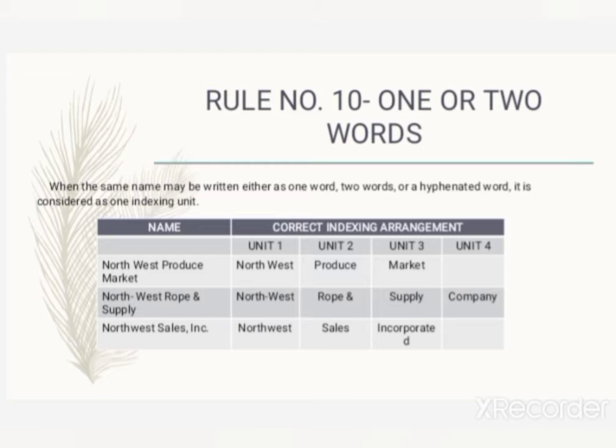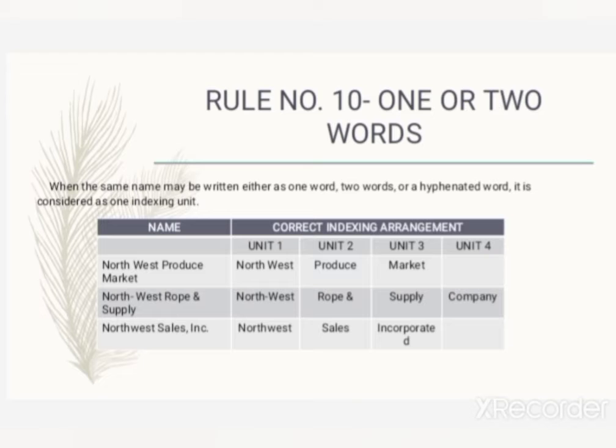Rule number 10. One or two words. When the same name may be written either as one word, two words, or a hyphenated word, it is considered as one indexing unit. So, for example, it is two words, but if it seems connected as one word, it is considered part of Unit 1.